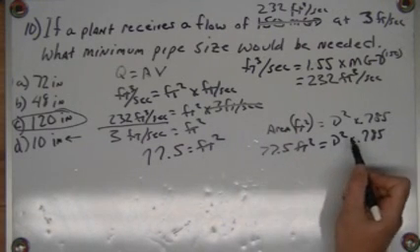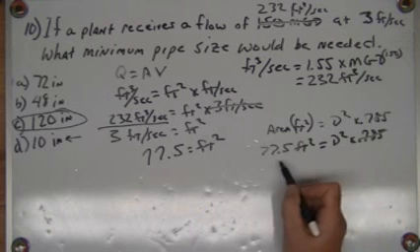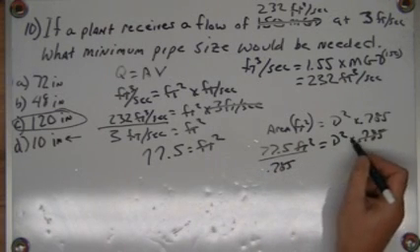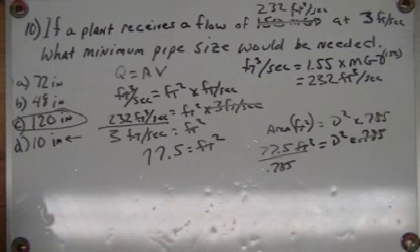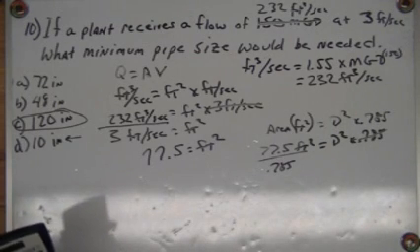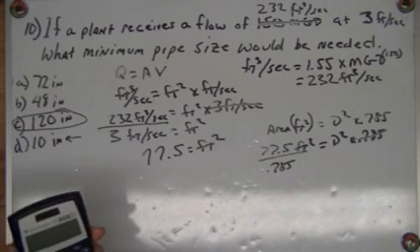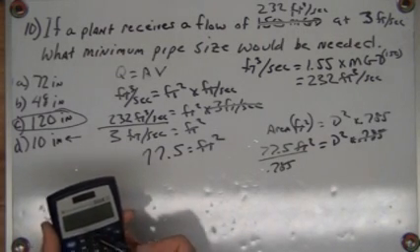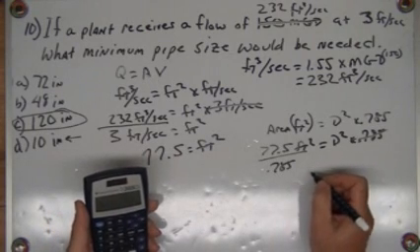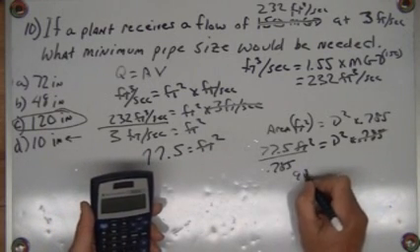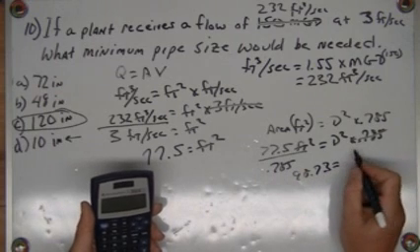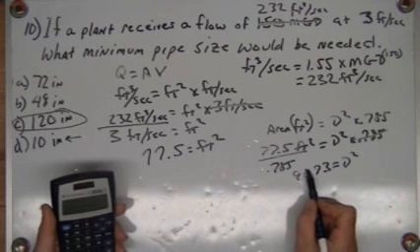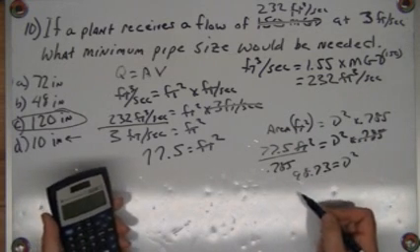And I want to get this by itself, so divide both sides by 0.785. And that's going to give me diameter squared. So if I take 77.5 divided by 0.785, that's going to give me 98.73. 98.73 equals diameter squared. We basically just put the corners back on the circle.